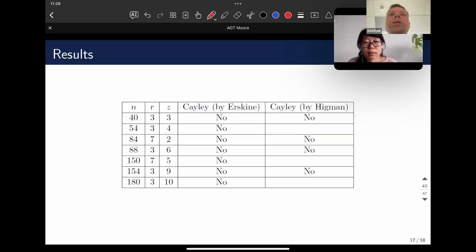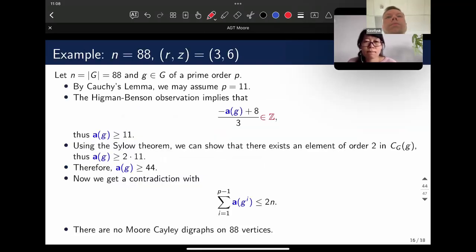So you see that we weren't able to fully reproduce Erskine's results, because sometimes the Higman-Benson observation simply does not imply any restrictions, because, for example, this number is always an integer.